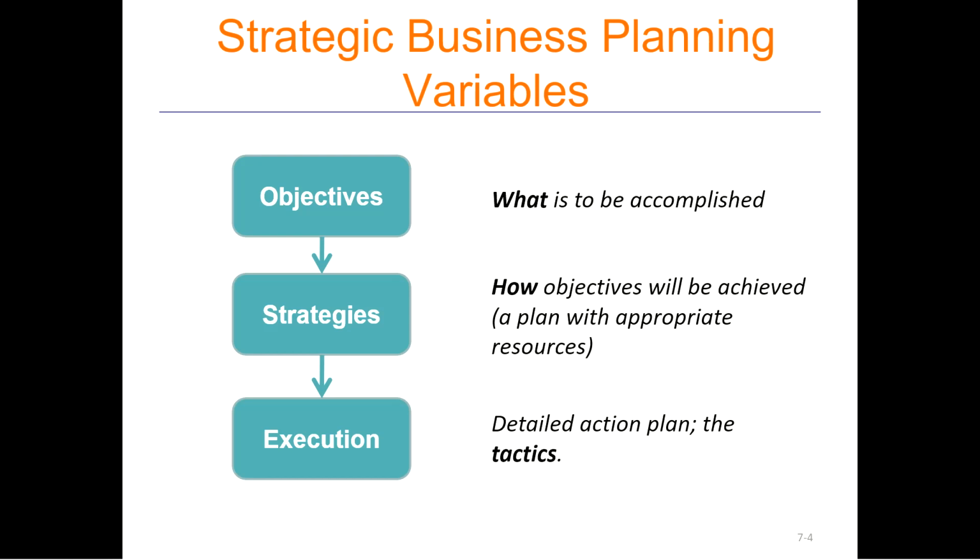Execution, or tactics, refers to the plan of action that outlines in specific detail how you're going to implement. Tactical plans usually provide details of an activity's cost and timing.